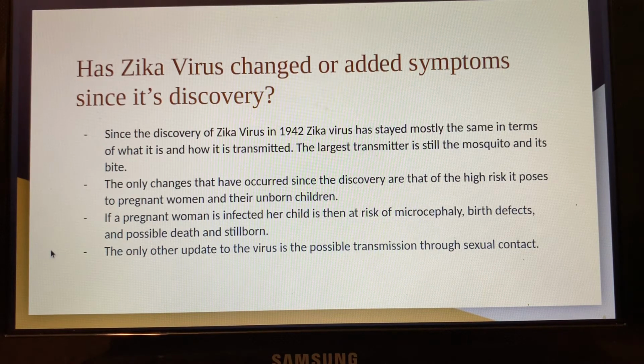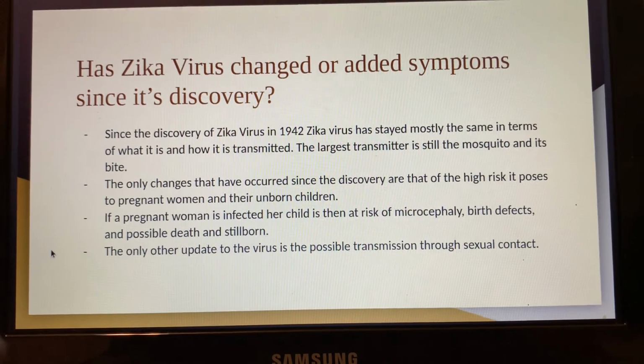The majority of you, I'm sure, have seen on TV when this was a big thing in 2015 and 2016, where they had the photos of the babies with the smaller heads. That's microcephaly, so it causes issues with the baby's head and growth. It stunts the growth and causes brain issues, but it can also cause other birth defects and possibly death to the child as well as stillborn children. Other than that, the only other update to the virus is that it's possibly transmitted through sexual contact.